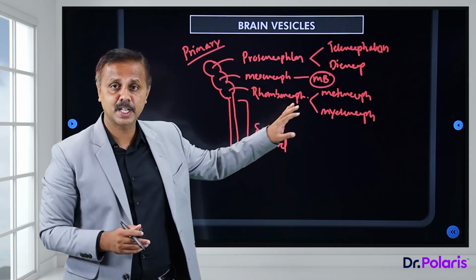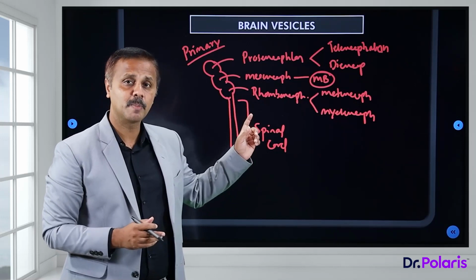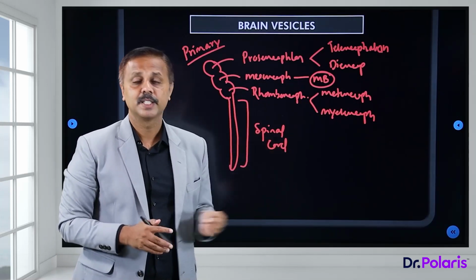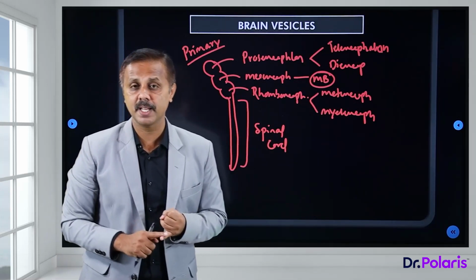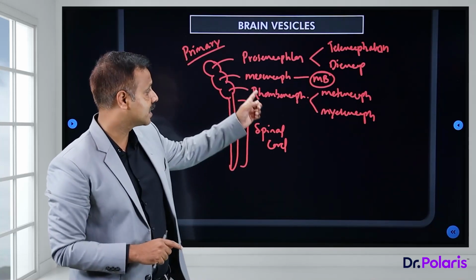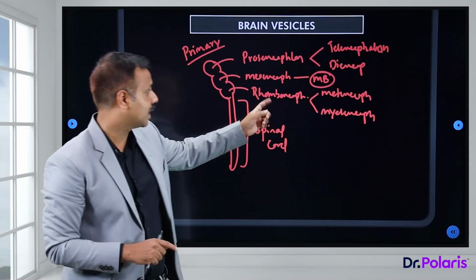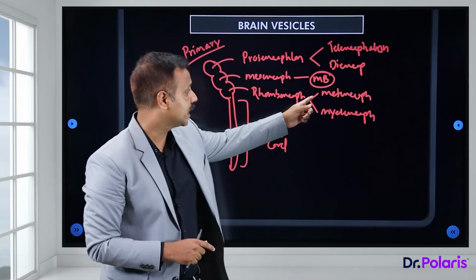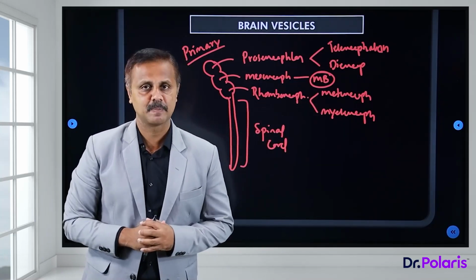From this, we can conclude that when we talk about the brainstem, right? The brainstem, as we said, includes midbrain, pons, and medulla oblongata. They develop from the mesencephalon and the myelencephalon part of the rhombencephalon, including the pons which develops from the metencephalon.